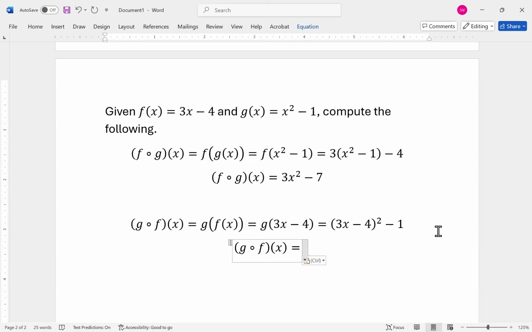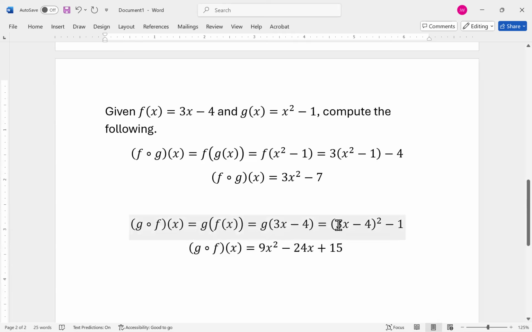Again, if you want to do a simplification of that, you can. You'll get 9x squared minus 12x, minus another 12x, so minus 24x, and then plus 16 minus 1. I'll rewrite that as plus 15. If you want to simplify, that's what you'd get. You don't have to.